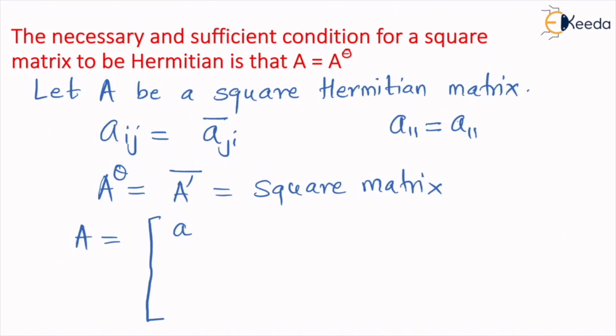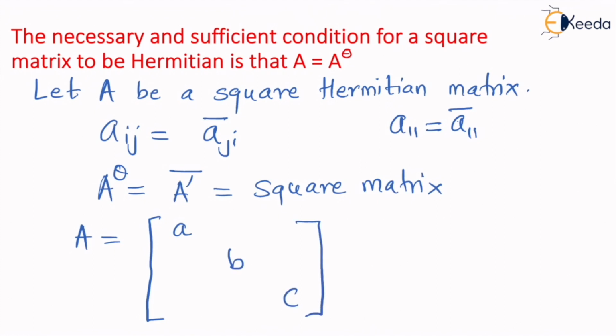So we should get A11 bar equal to A11. That is why I'm considering the first element as a. Since it does not have any imaginary part, its complex conjugate will be the same. So let's assume the diagonal elements as a, b and c.